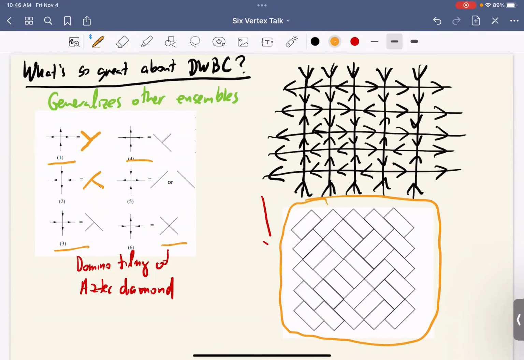And these are domino tilings with a very specific shape. So this is called domino tilings of the Aztec diamond. So they have this zigzag boundary condition. It's not exactly a one-to-one map because there's a very specific rule for what to do with all the vertices of type 1, 2, 3, 4, and 6. But the type 5 vertices, we have to make a choice.